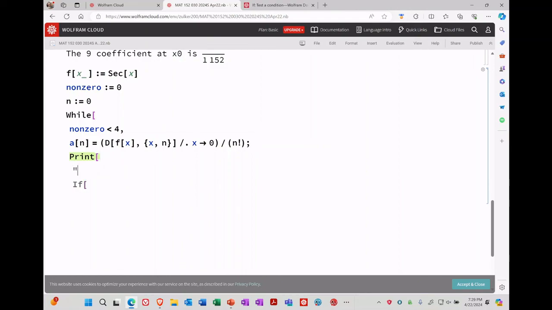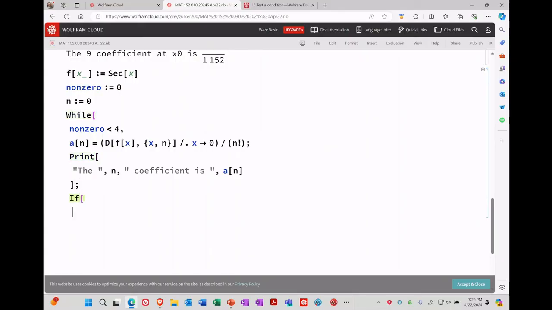Print: the coefficient is, print out a sub n.